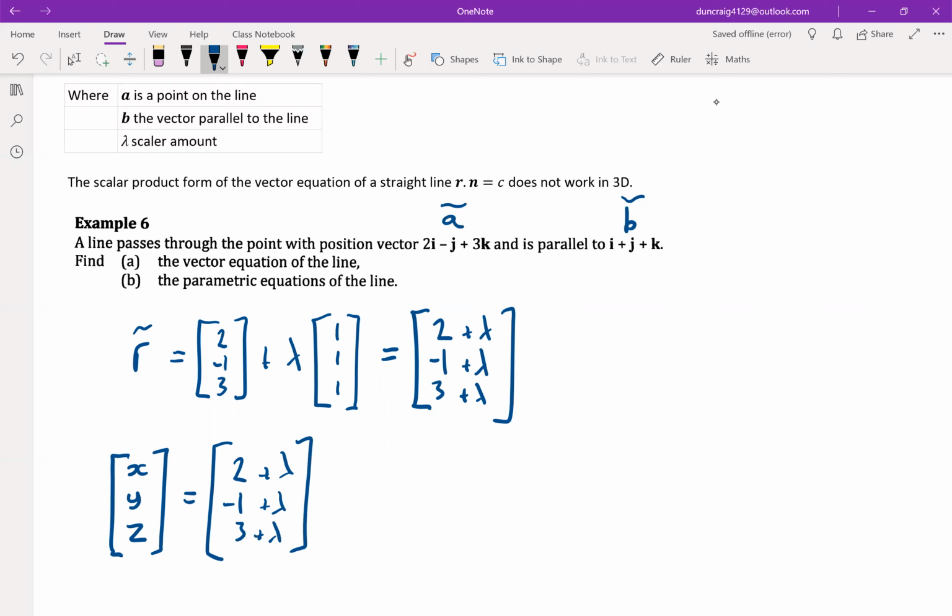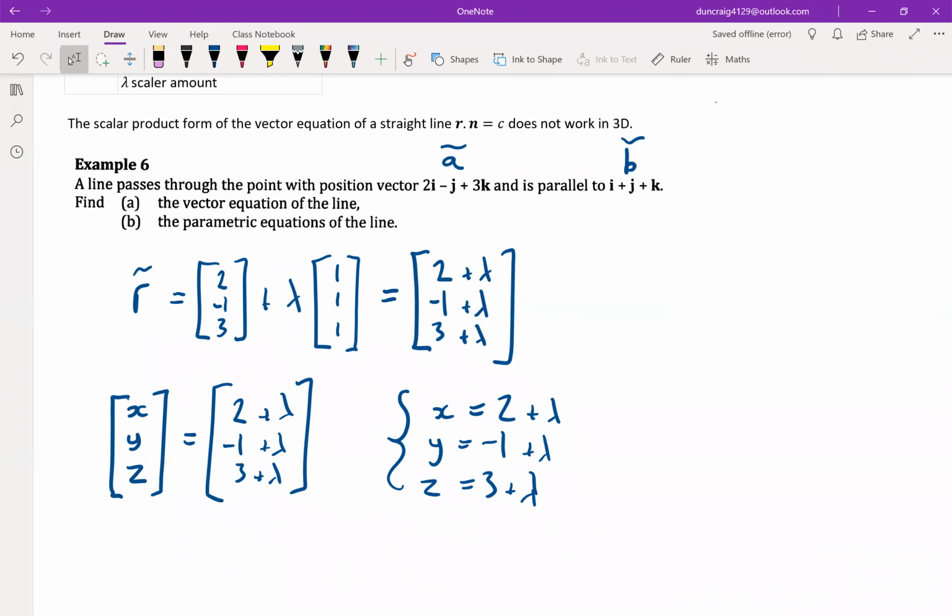So as a parametric equation, we'll just write it as x is equal to 2 plus lambda, y is equal to -1 plus lambda, and z is equal to 3 plus lambda. And you can figure out the Cartesian equation in 3D, but it's not required here. So we'll just leave it like that. So that's those two parts there.